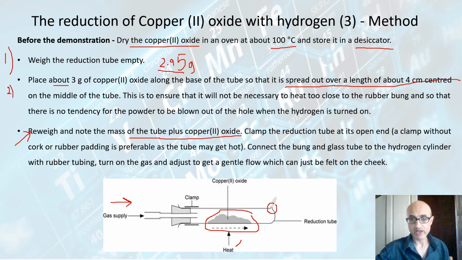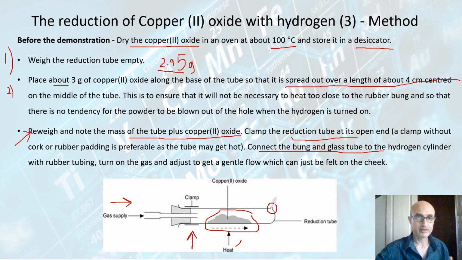Once you've weighed the hard glass tube with the copper 2 oxide inside it and recorded the data, as you will see, not in the next slide, in the slide after, where I have presented a sample calculation, you will clamp the reduction tube, so it is clamped at its open end, and it is connected to the bung, the glass tube, and the hydrogen cylinder.